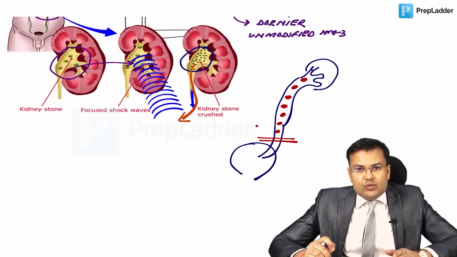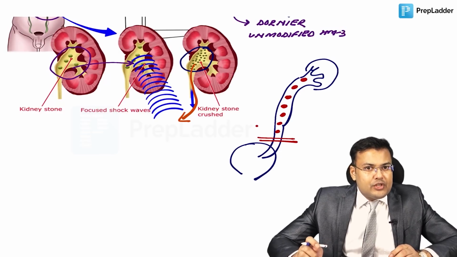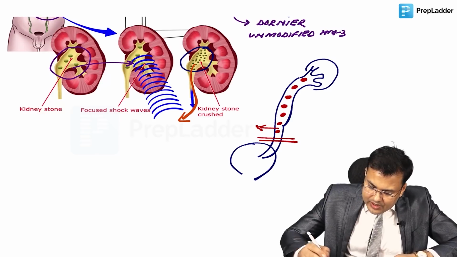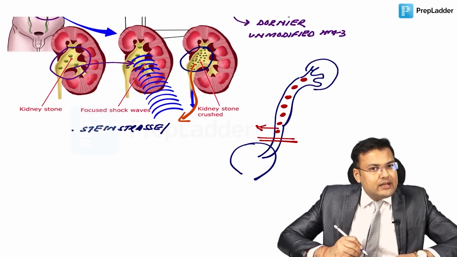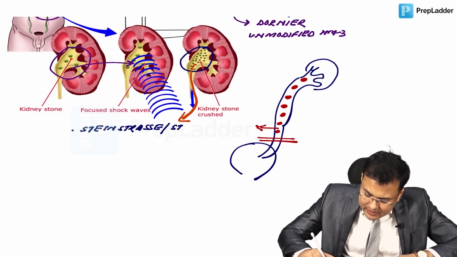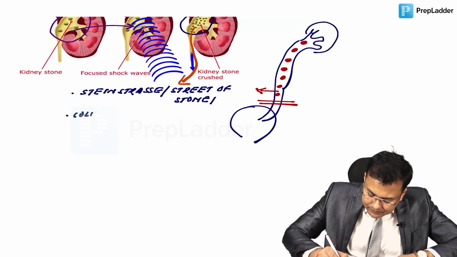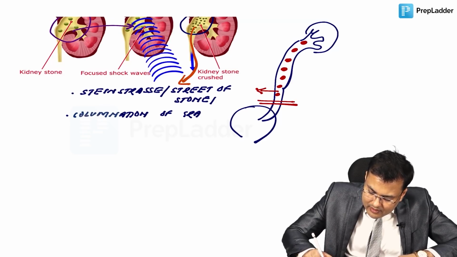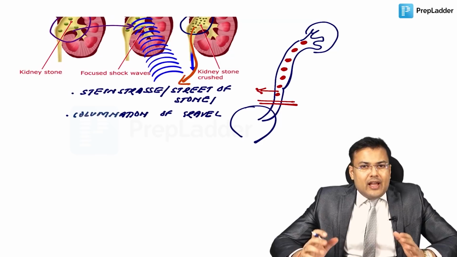This complication is known as Steinstrasse, also known as street of stone, also known as columnation of gravel. So whenever there is obstruction in the ureter, stone fragments will be collected in the proximal part of the ureter, also known as street of stone, also known as columnation of gravel. Clear?